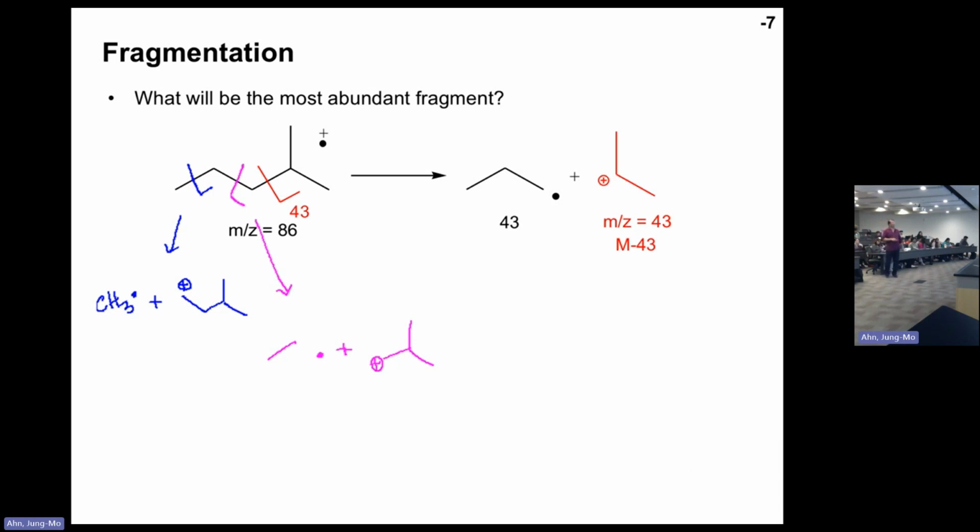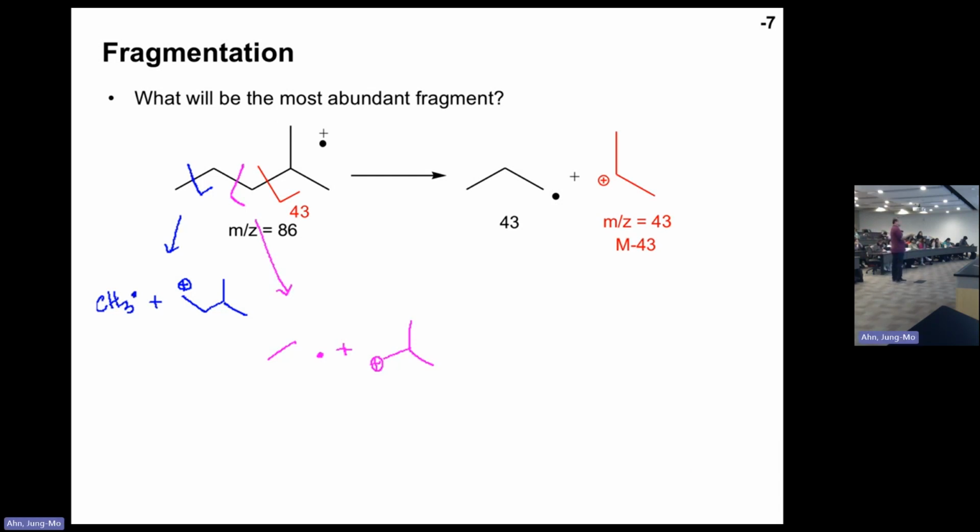So far, looking at the primary carbocation, you need to remember the ranking of carbocation stabilities. The carbocation is an electron-deficient species. The more alkyl chain it has, the better it gets stabilized. So the tertiary carbocation is the best, then secondary carbocation, then primary carbocation.